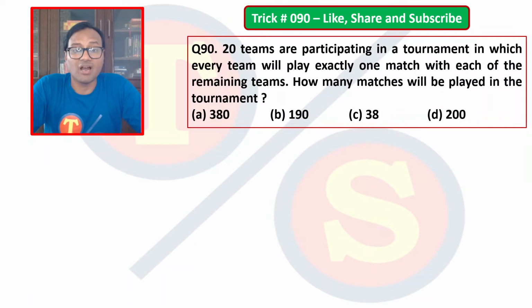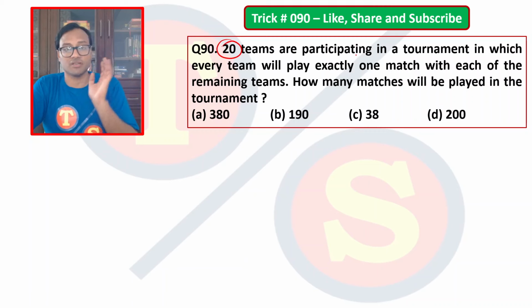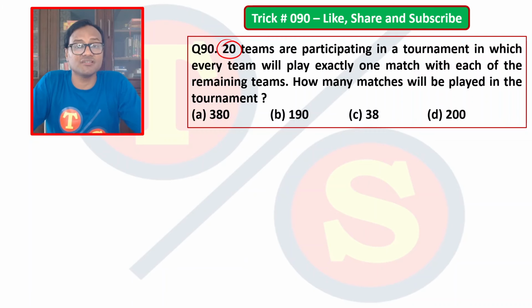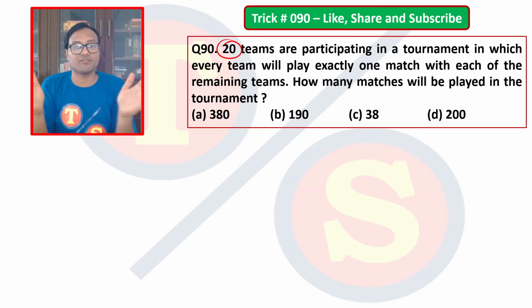After that, if I see that 20 teams are participating in a tournament in which every team will play exactly one match with each of the remaining teams. So every pair of two teams will play one match. In simple words, every pair of two teams will have one match between them.